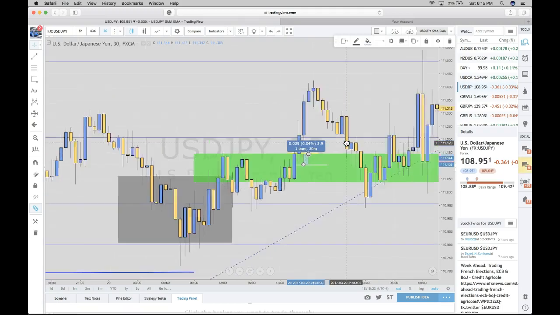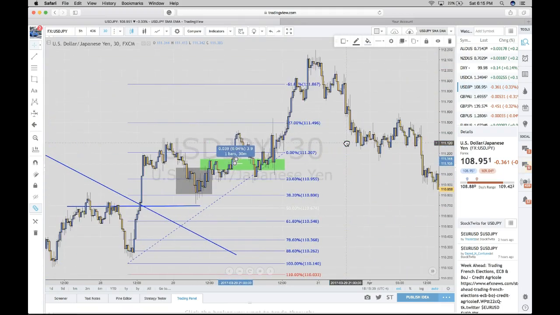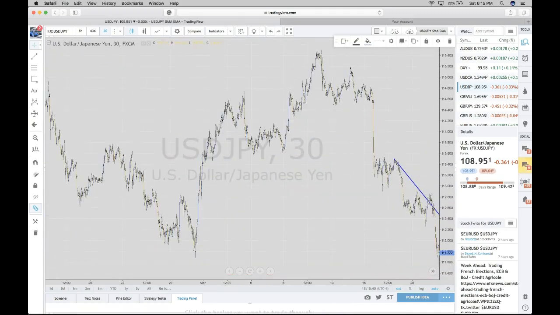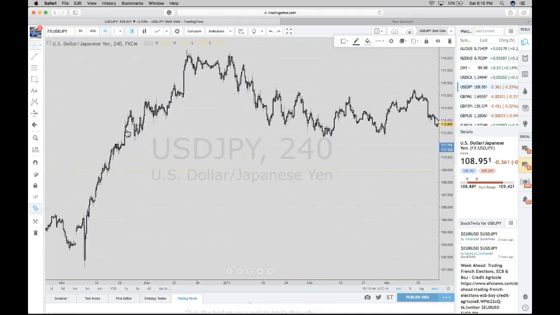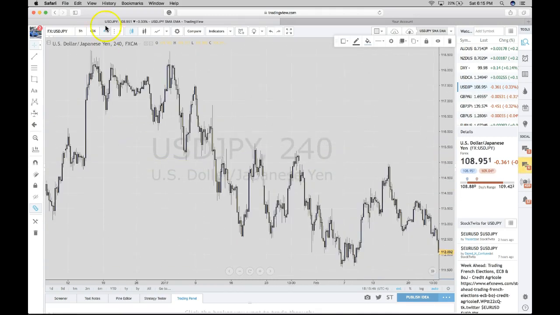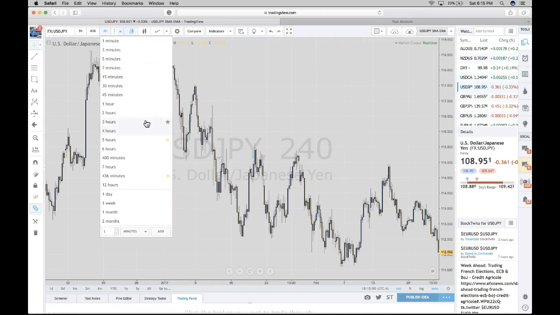So that's pretty much how I could take advantage of Fibonacci. Like I said, you always have to make sure that you're doing your fibs mainly on the time frames that you're actually doing your structure on. 4-hour chart, daily chart, weekly chart, and use those time frames for your overall market and your main fibs.